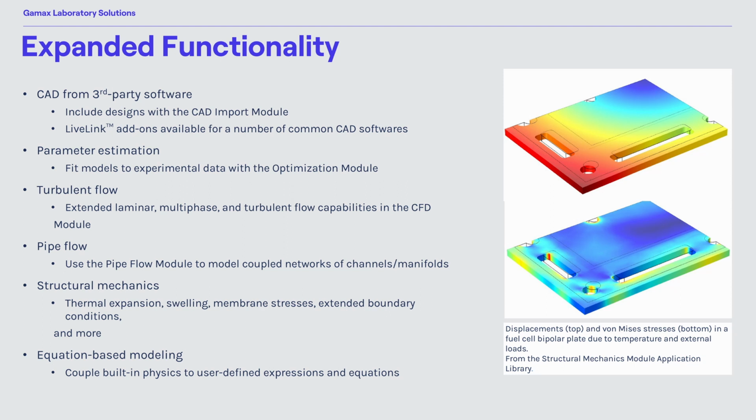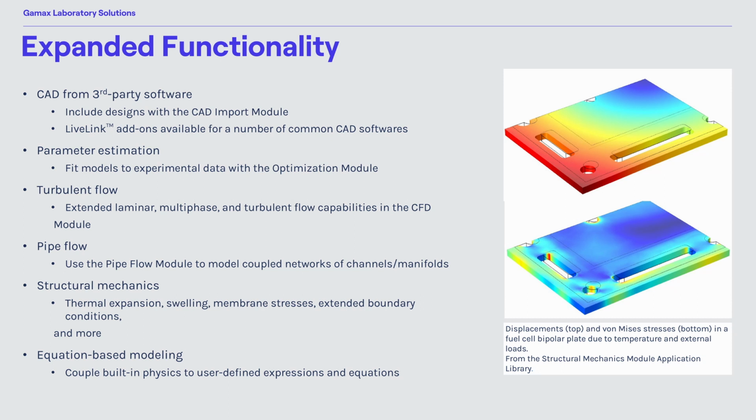That's also possible. And since we can have large gradients and variations in the temperature field, we can calculate the mechanical stresses from the thermal distribution. That's also possible, so you can add the structural mechanics. And as I already mentioned, equation-based modeling and LiveLink for CAD software are also supported.